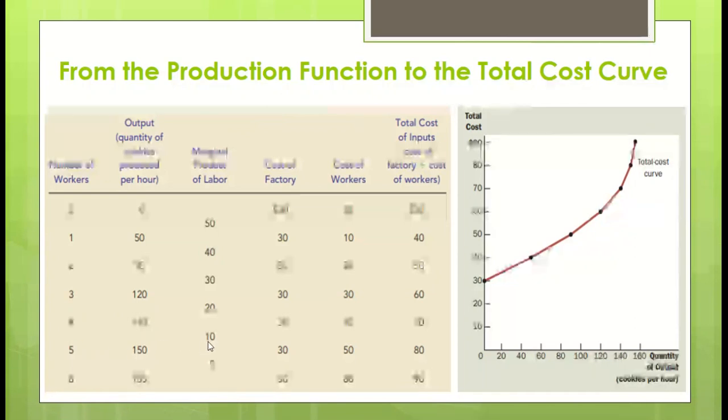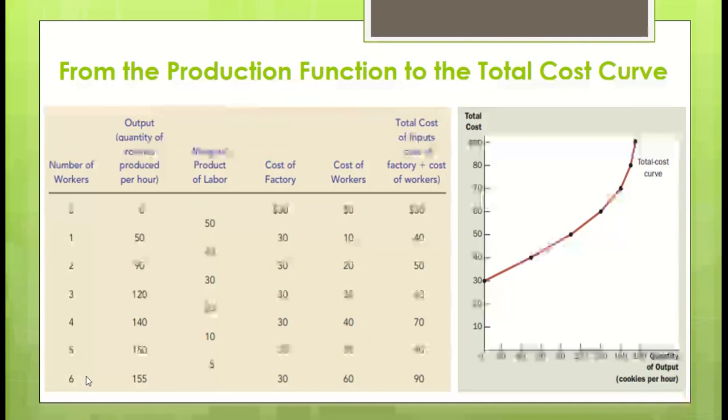So the MPL, that is the marginal product of labor, here is 10. And the cost of factory, again it is constant, that is $30, and the cost of workers now is $50. So adding these two costs, the total cost becomes $80.